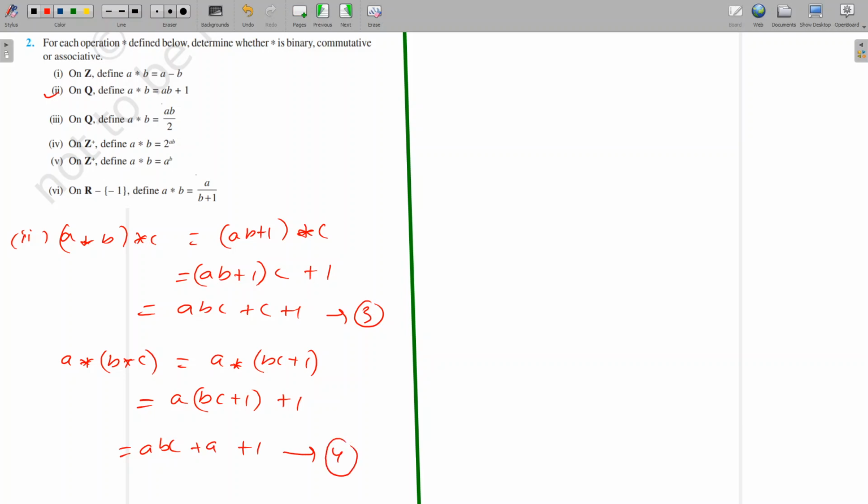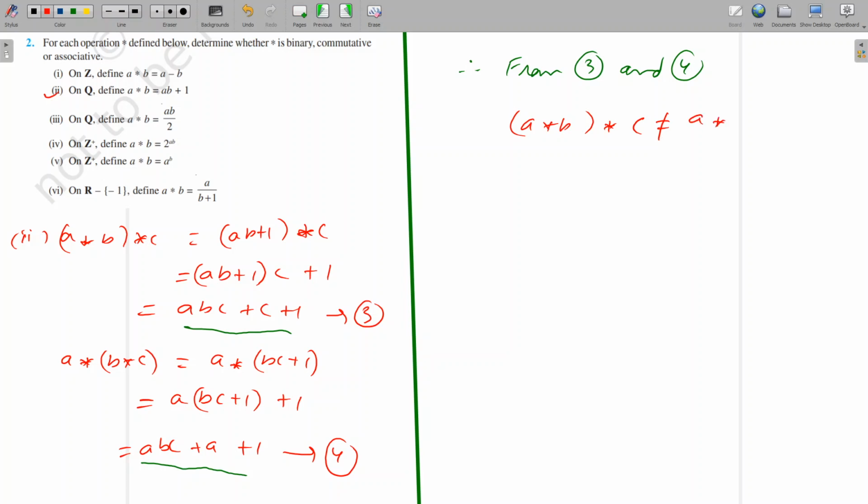Now clearly it is visible from here that this is ABC plus C plus 1 and this is ABC plus A plus 1. Both cannot be equal. So therefore from 3 and 4, we can say that (A star B) star C is not equal to A star (B star C).